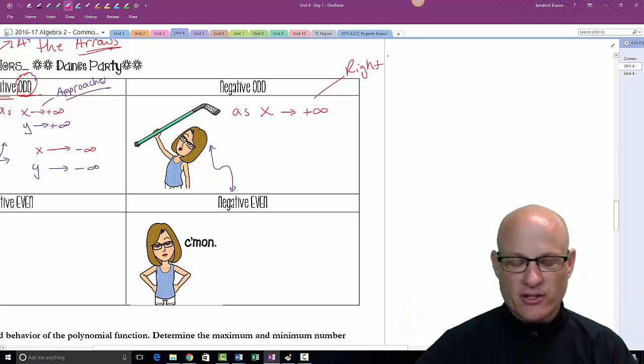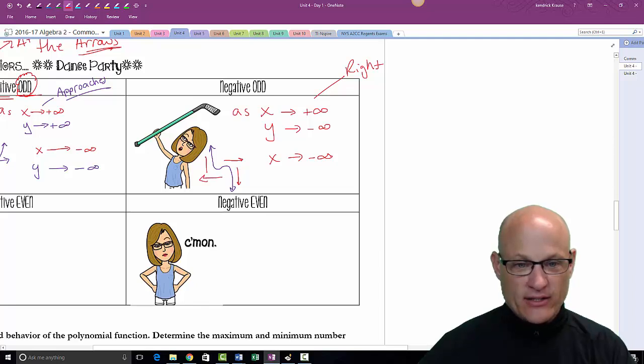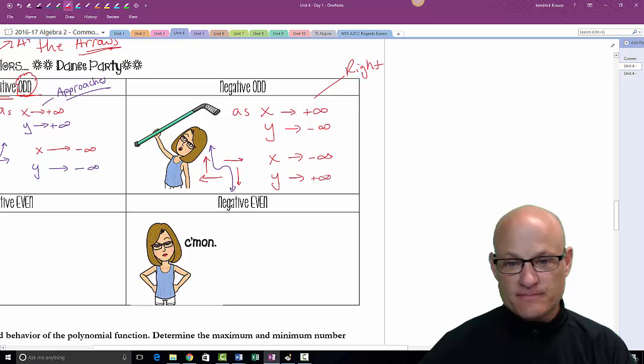I hope that's to the right for you. It's to the left for me. But as x goes in this direction, to the right, y is going down. So y approaches negative infinity. As x approaches negative infinity, or as x goes to the left, y approaches positive infinity.